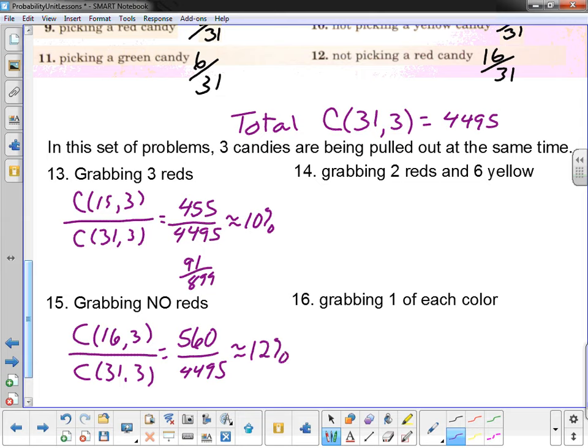So we have about a 10% chance that all we get is reds, and about a 12% chance of not getting any reds.